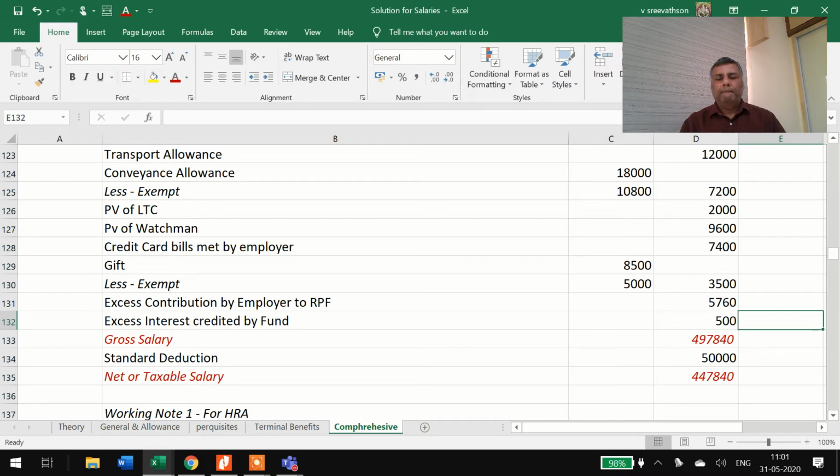Forming part. Let us go to the terminal benefit, gratuity or leave encashment. Mainly gratuity. To compute gratuity, whether they will include DA or not is what is known as forming part, forming part of retirement benefits.